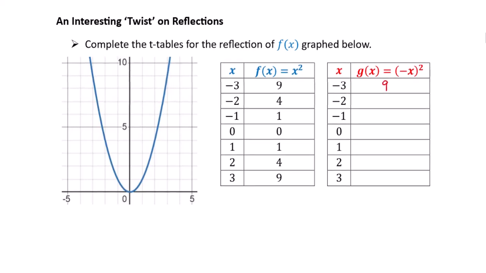And similarly with -2, the -2 times a -1 in front would make it a 2. 2 squared is 4. The opposite of -1 is 1. Squared is 1. 0 squared is 0.